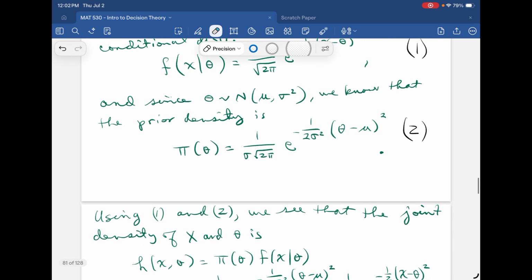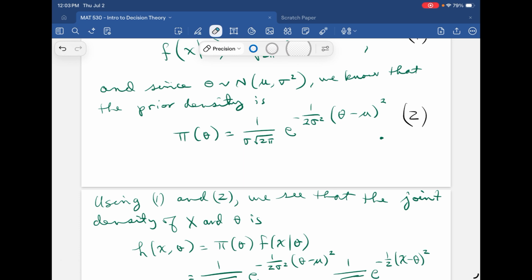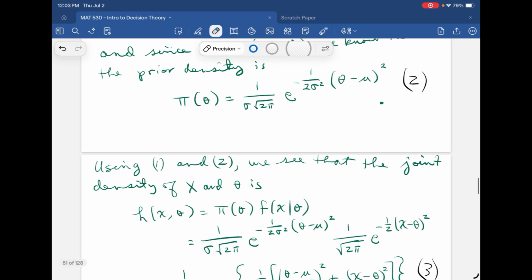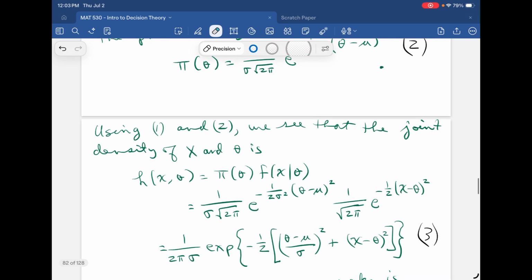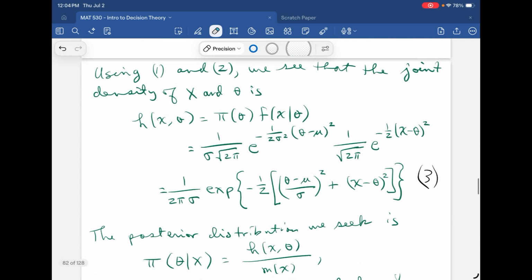All right, so using 1 and 2, we can put together the joint distribution, right? Because we take the marginal, what we've been calling the prior distribution, times the conditional distribution of x. We put those together, and what we end up with is what we see there, which I've labeled number 3. And now, in order for us to get to the posterior distribution, we've first got to determine the marginal distribution of x, right?